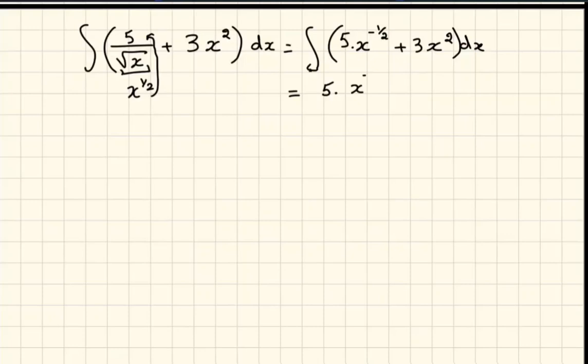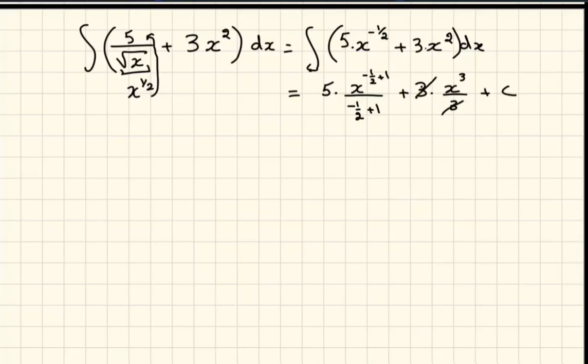So it becomes x to the minus half plus 1 over minus half plus 1. Now the other 3 is multiplied by x, so I will write 3 times x exponent 2 plus 1, which is 3 over 3, and at the end we write plus c.